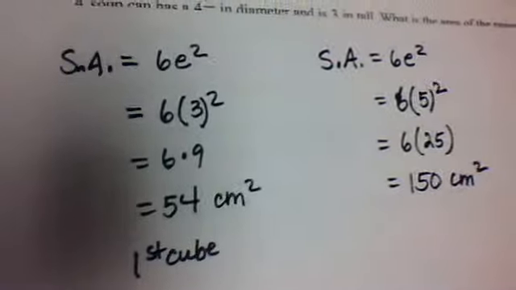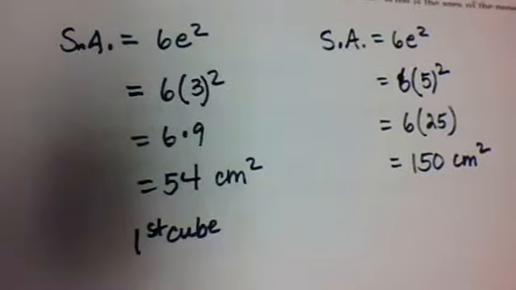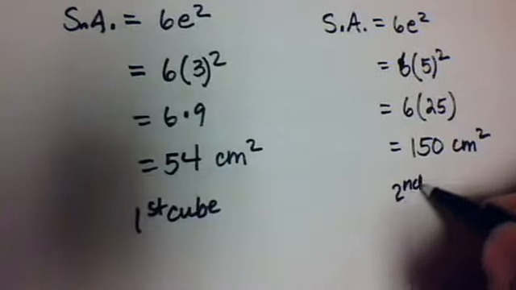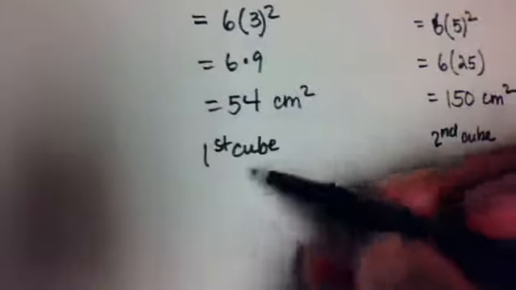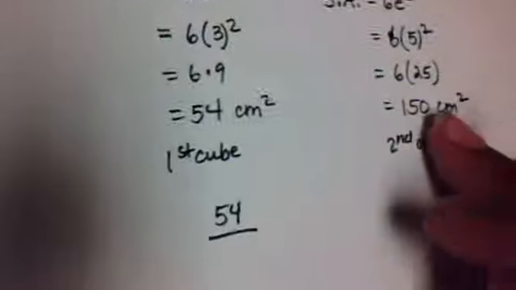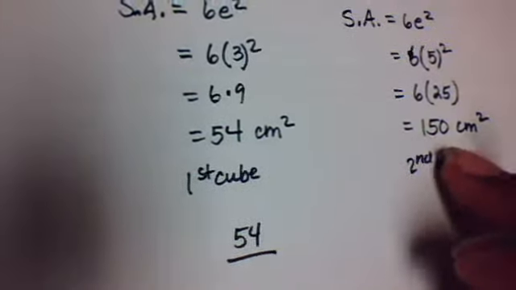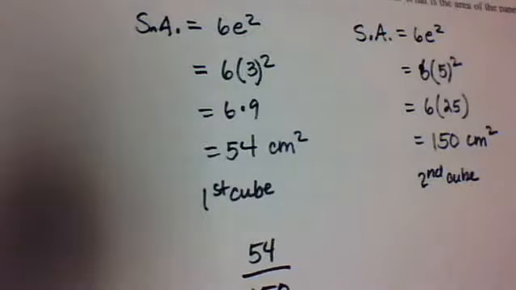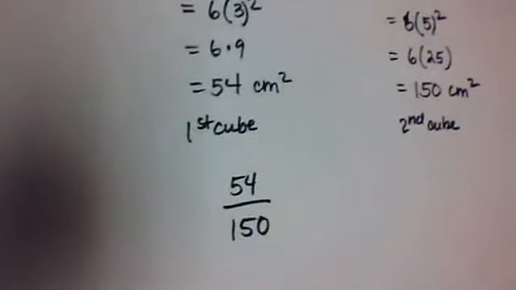Now we want to find the ratio of their respective surface areas. That's the first cube to the second cube. Okay, so here that ratio, the first cube is 54 over the surface area of the second cube, which is 150. So this will be 54 over 150.